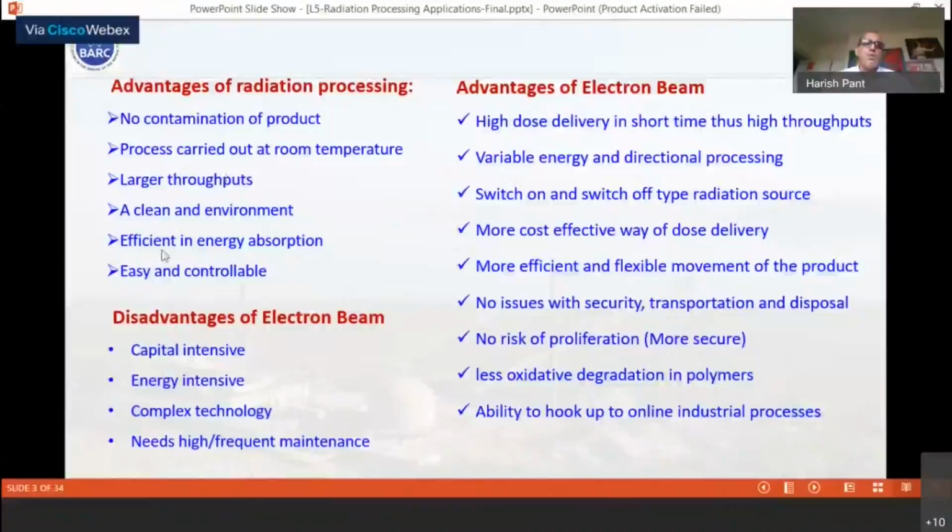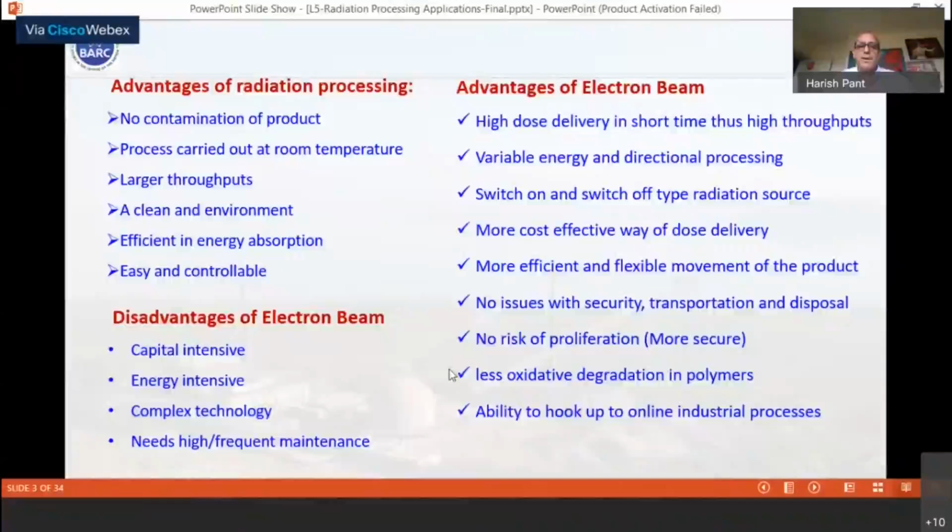Disposal means that when a gamma radiation source spends its useful life, it becomes a waste and has to be disposed of. But in the case of an electron beam, it is not so. There is no risk of proliferation, meaning nobody can steal the source. It is not possible. But in the case of a radiation source, there is always fear or apprehension about its security.